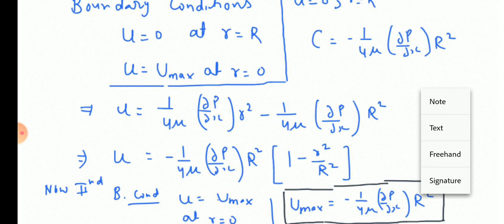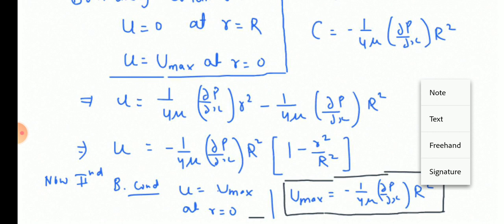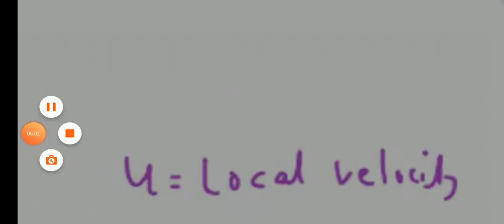Then the second boundary condition gives u maximum, which is equal to minus 1 by 4 mu del P by del x capital R square. Finally we get the equation u is equal to u max times 1 minus small r square by capital R square, where u max is equal to minus 1 by 4 mu del P by del x capital R square, where u is the local velocity and u max is the velocity at the center.